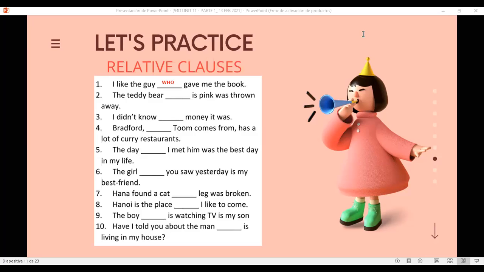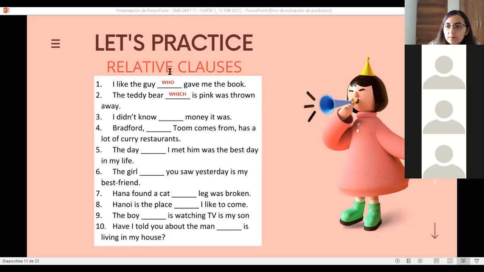Which? Which. Very good. Which or that. Y recordemos que con who también podríamos ocupar that. Cualquiera de los dos. Which or that. The teddy bear, which is pink, was thrown away. Very good. Thank you. Can you please help me with number 3, Steven?